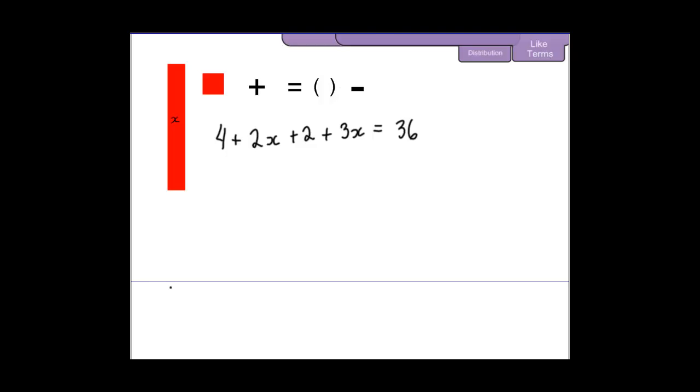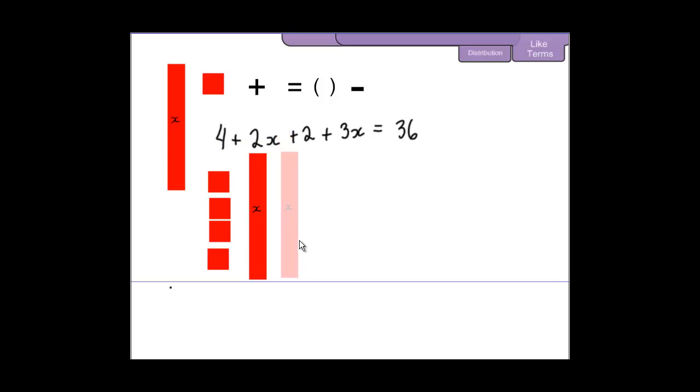All right, so if I think about it, there's my 4 ones. I have 4 ones here. Go ahead and draw this in your book. So I have 4 ones, and then there's an x, and it says I have 2 of those. Remember that there's my plus, and I also have a repeat addition of x.